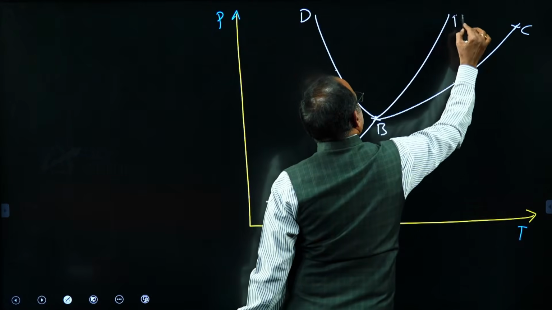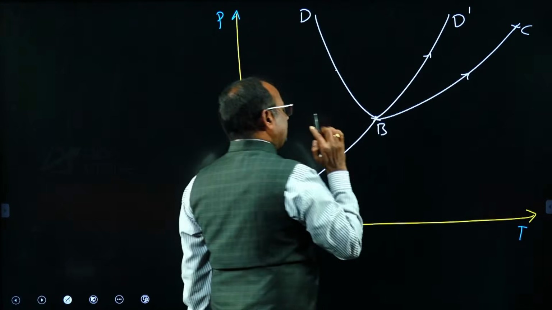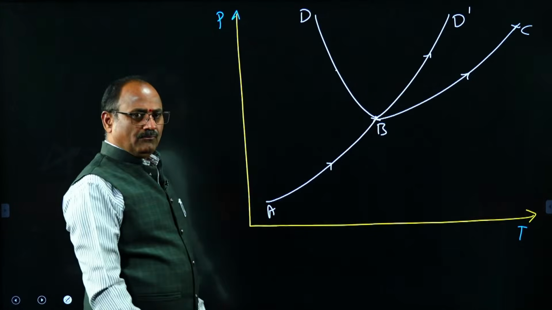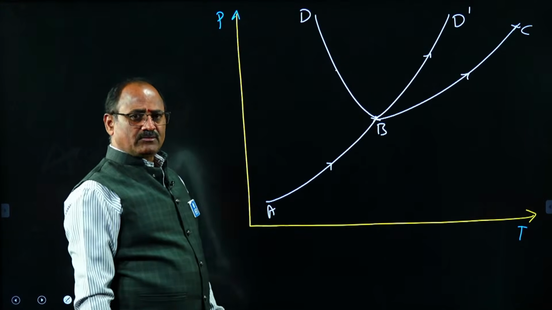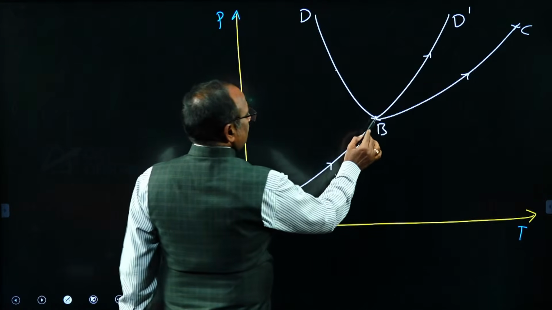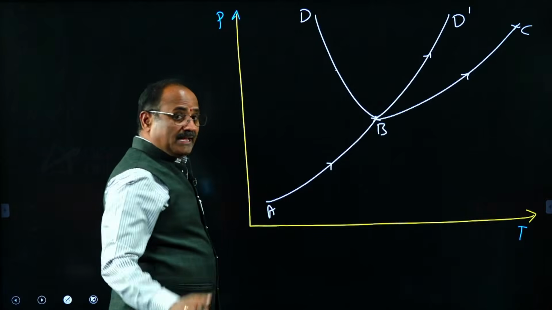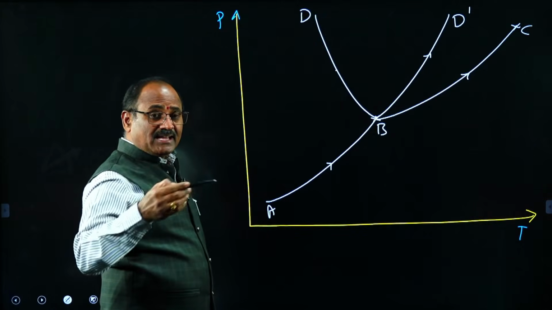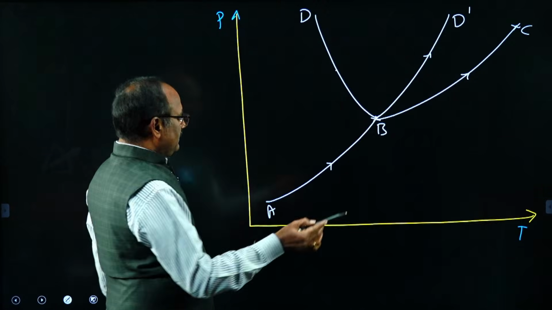B to D dash is the melting curve for those materials which increase their volume during the melting process. BD dash is the melting curve for materials which increase their volume during melting.